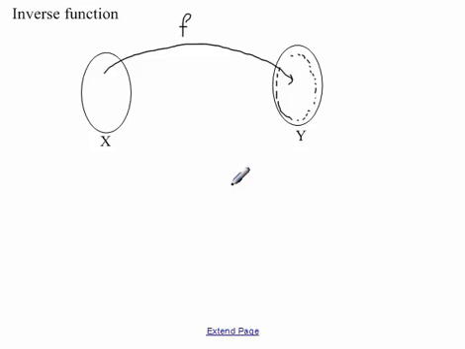Okay, so now we can define a function from within here which goes back this side, and that function we call g. But it doesn't necessarily mean that it's an inverse of f. We're not going to call g an inverse of f. If g is an inverse of f, we are going to say g is equal to f inverse.